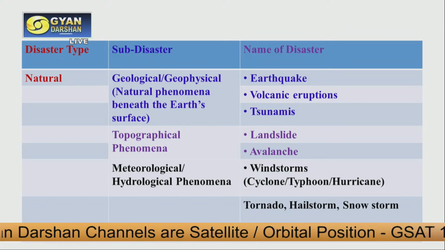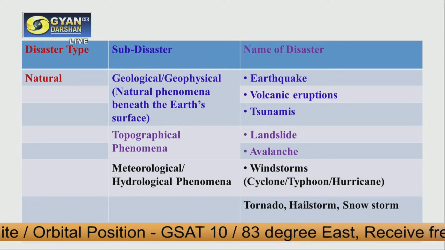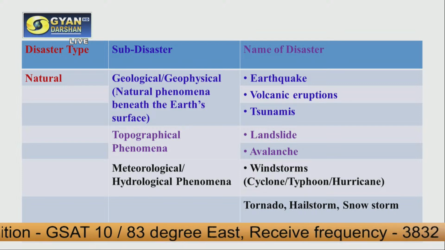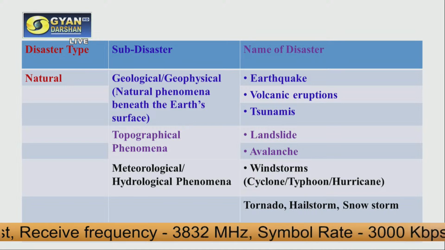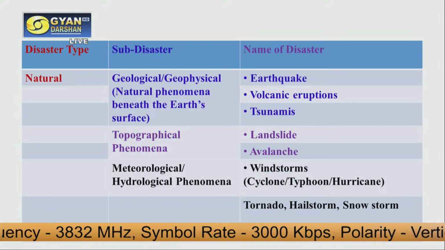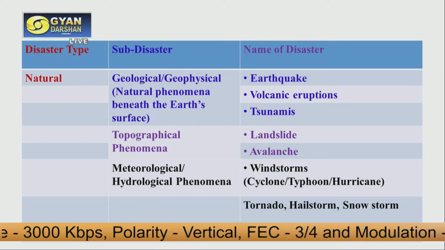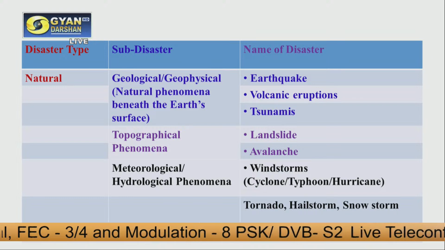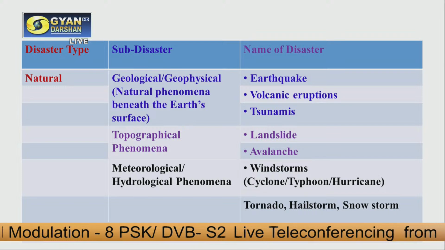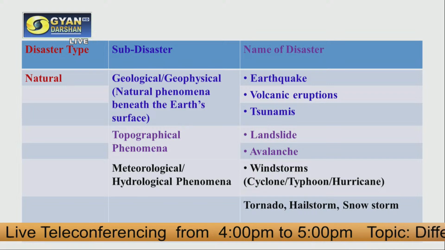The first one is geological or geophysical disaster. As is clear from the name, these are natural phenomena beneath the earth's surface. Something happens beneath the earth's surface, and because of that the impact is felt on the built environment as well as on human beings. So what are the examples of these disasters?